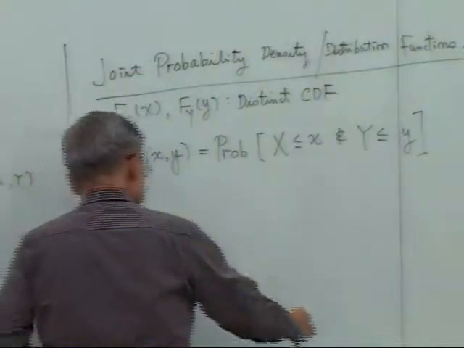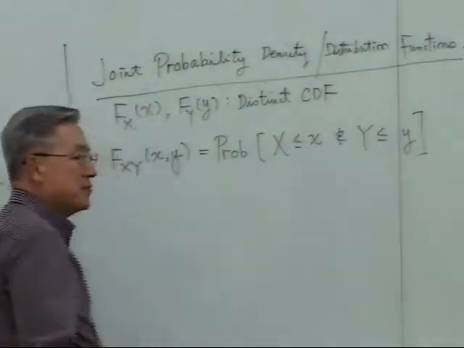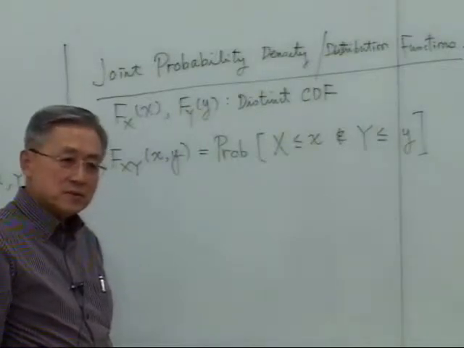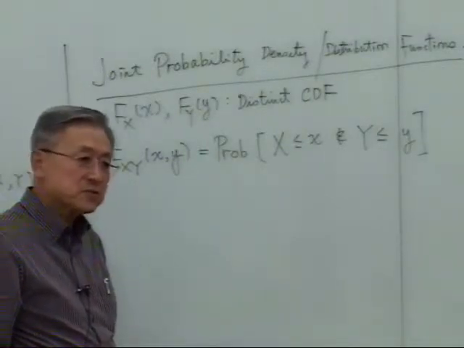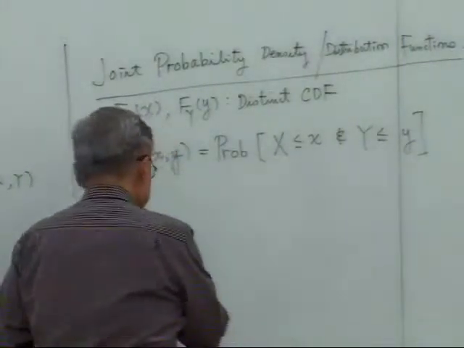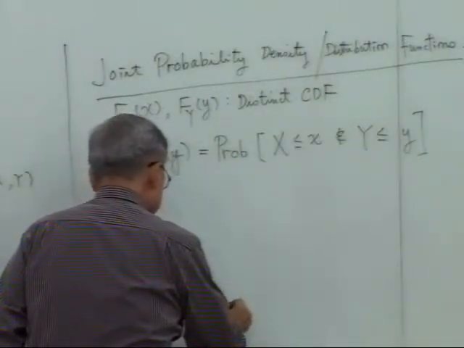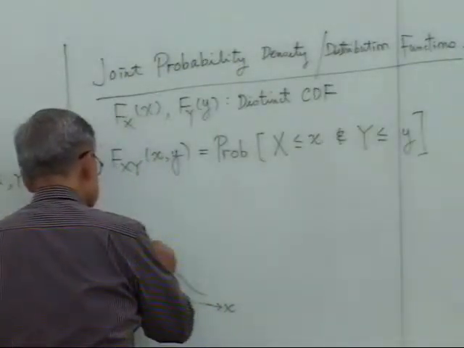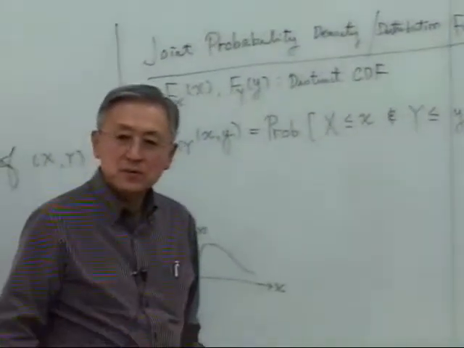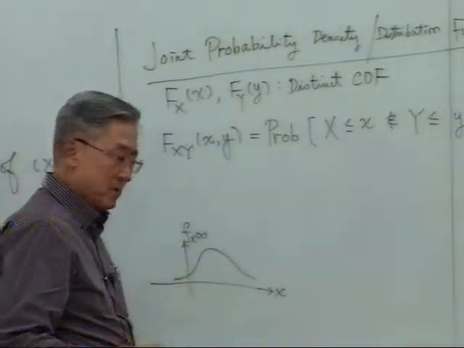If I draw the graph for a function of one random variable, then the probability density function is just 2D, simply x versus f of x. For two random variables, it is going to be a volume curve.